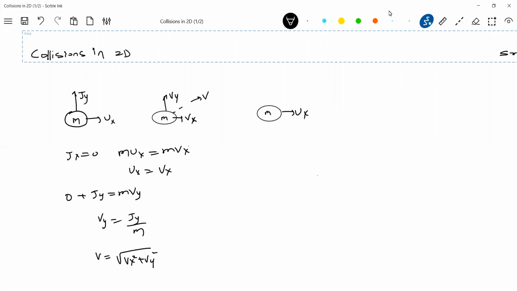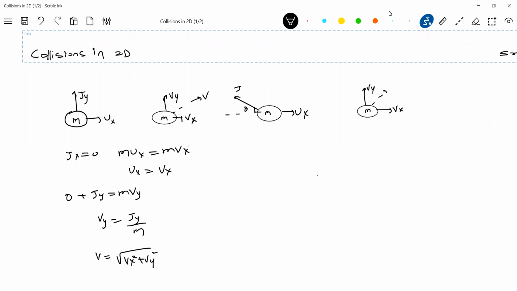Now, if an impulse acts in this direction at an angle theta, then after the impulse is exerted, what are the possibilities? One possibility is that the object moves in this direction.